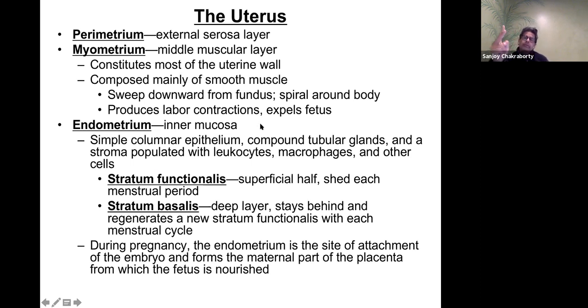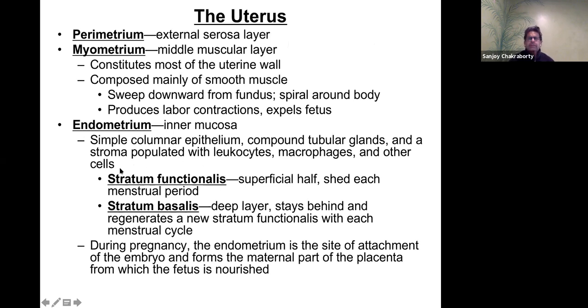Endometrium has two layers, very important: stratum functionalis and stratum basalis. The word stratum means layer. Stratum basalis is the bottom one, stratum functionalis is the top one. So if you go from the perimetrium side, meaning outside to inside, first perimetrium, then myometrium, then stratum basalis, then stratum functionalis, the topmost layer.